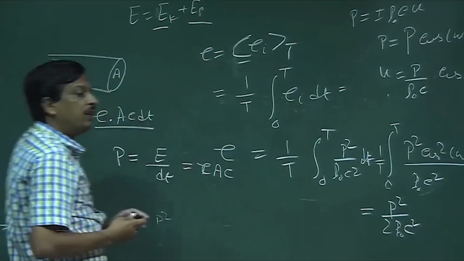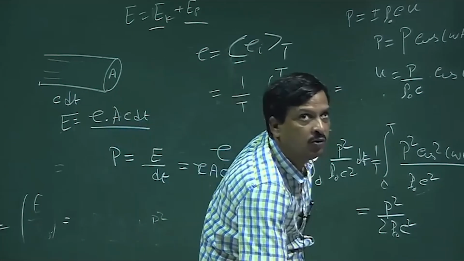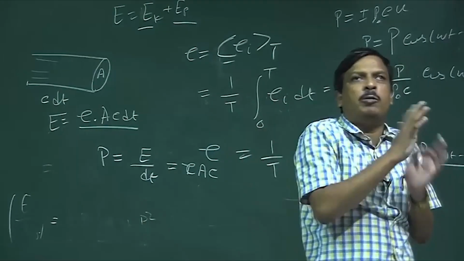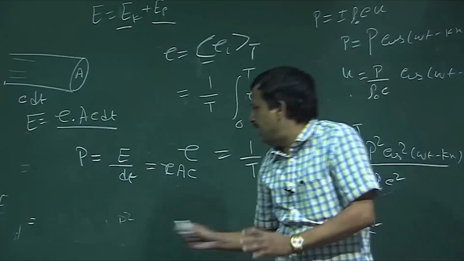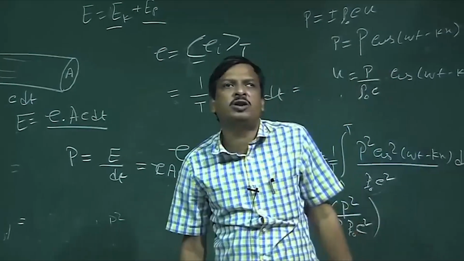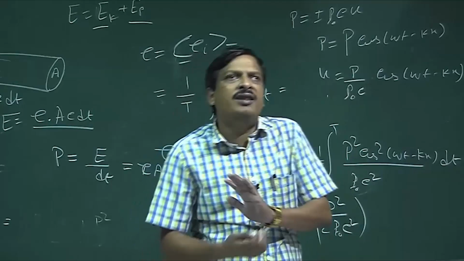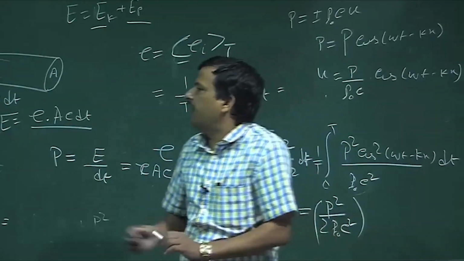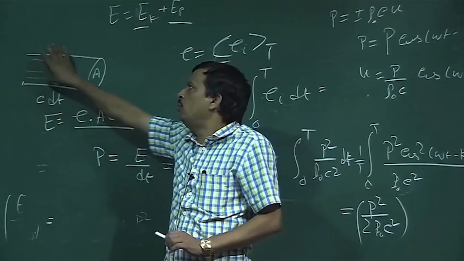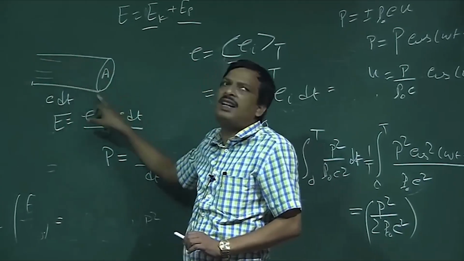Have you understood? See the board and these slides. I want to find out the energy flow for plane wave propagation. I found the expression of the energy density, which is P square by 2 rho 0 C square. Now, if I know the energy density, for dt time, how much energy will flow within this volume whose cross sectional area is A?